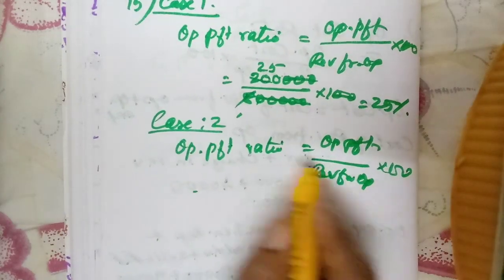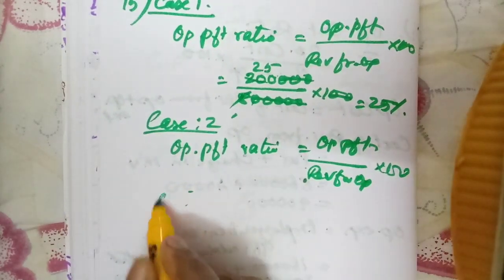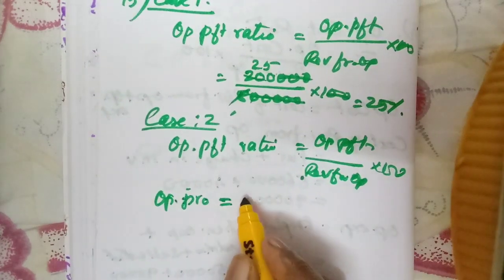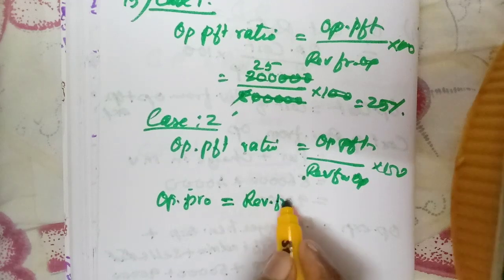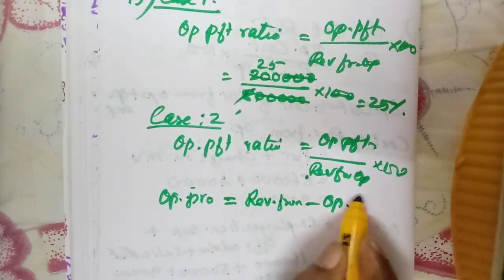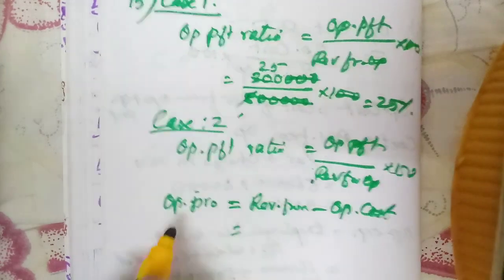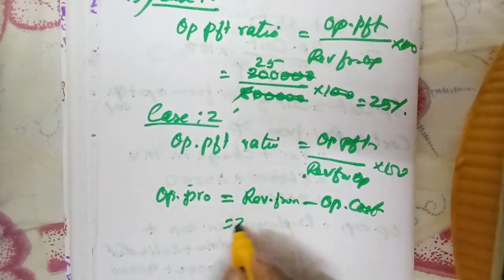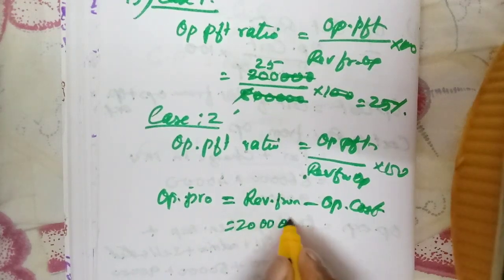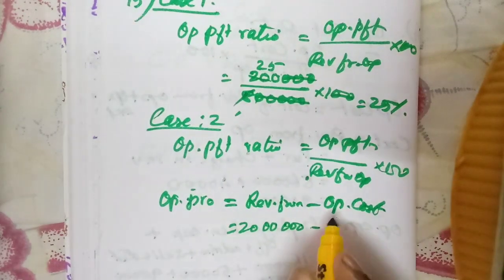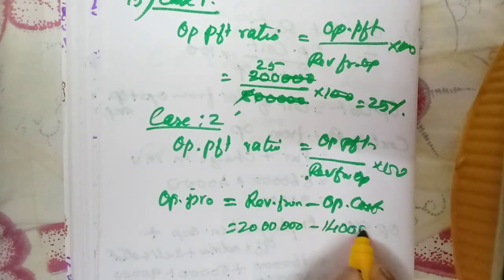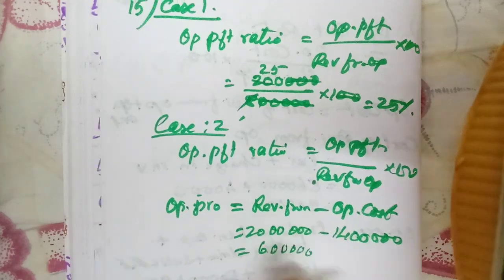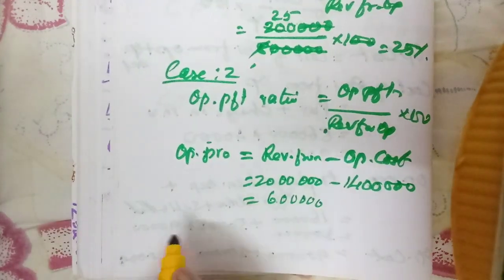Here operating profit is not given, so operating profit is equal to revenue from operation minus operating cost. Revenue from operation is 20 lakh, operating cost 14 lakh. So 6 lakh, isn't it?